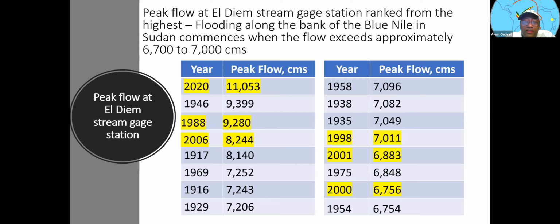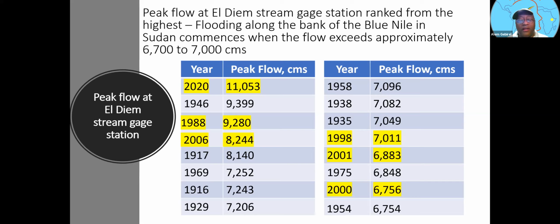From my research and rating data I did from the hydraulics of the river, approximately when you get 6,700 to 700 CMS, cubic meters per second, flooding commences in Sudan. That means the water gets out of the river bank and starts flooding the surrounding area. So in those years, somewhere in the Blue Nile, an area is flooded.